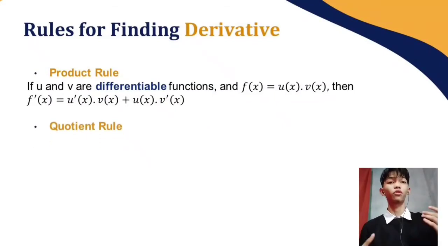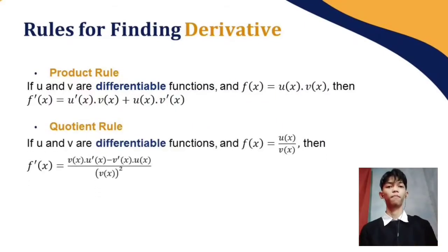And then the quotient rule. If u and v are differentiable functions and f(x) equals u(x) over v(x), then f prime of x is going to be v of x times u prime of x minus v prime of x times u of x, all over v of x squared.